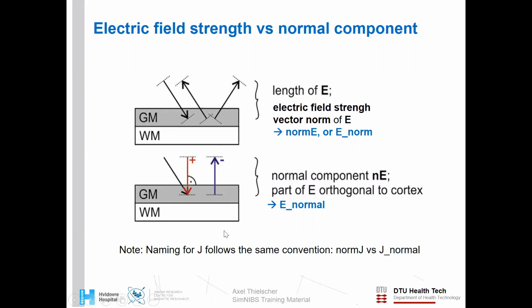The same naming convention is also followed for J, where the length of the J vectors, so the strength of the current density, is again called norm J, versus the part of the current density which either flows into the cortex or out of the cortex, which is called J normal. In electric stimulation, this is also called anodal stimulation here in red, or that would correspond to cathodal stimulation of this cortical sheet here.